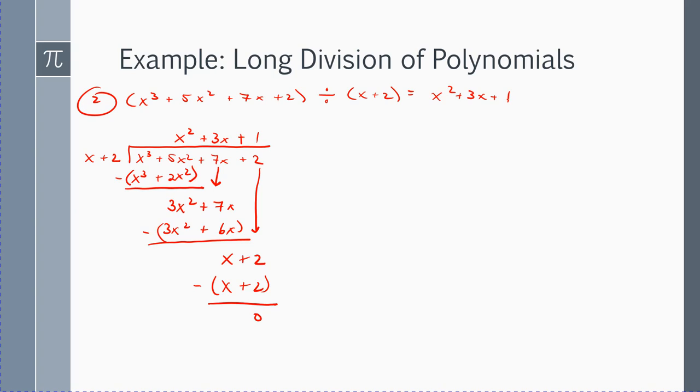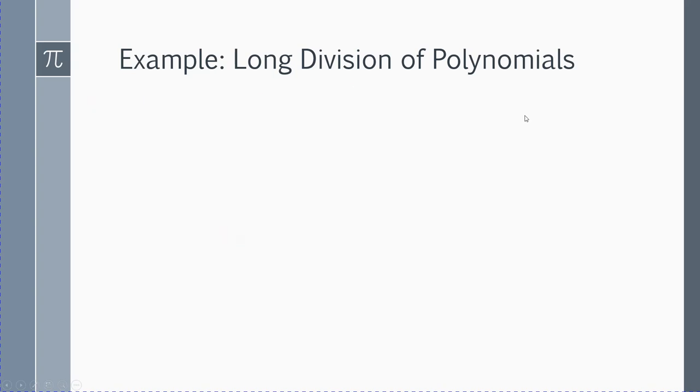All right, let's do one last one just so you can still kind of see this process. Suppose the problem looks like this. I want to take 6x cubed plus 17x squared plus 27x plus 21 divided by 3x plus 4.